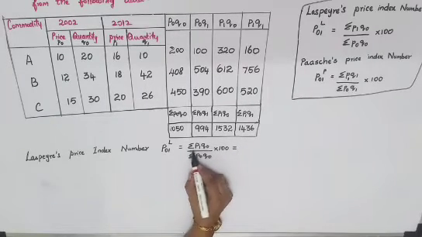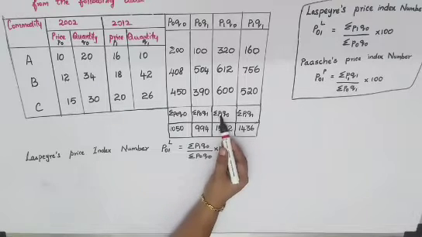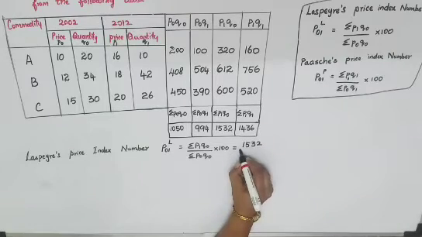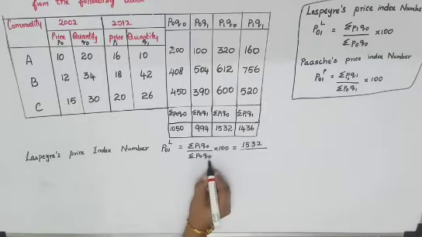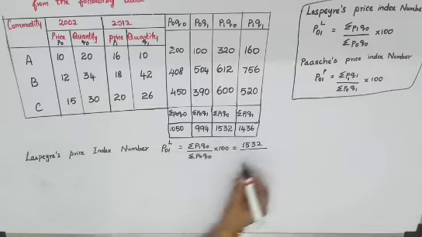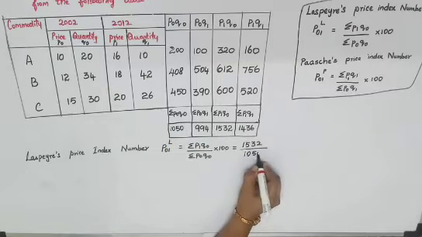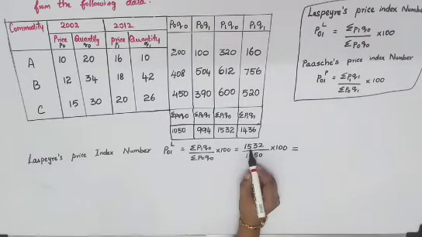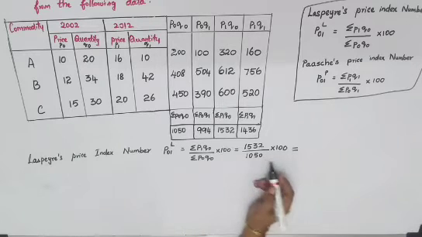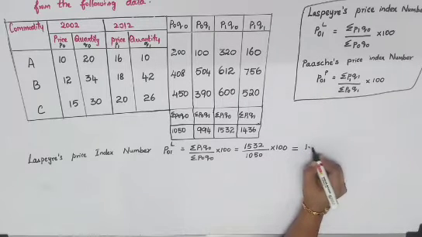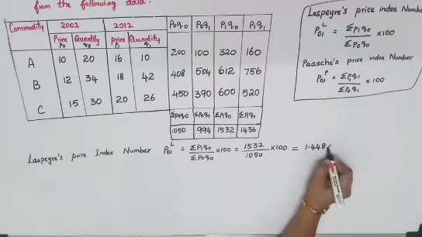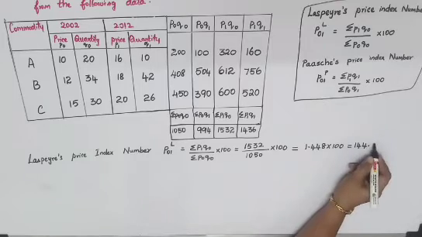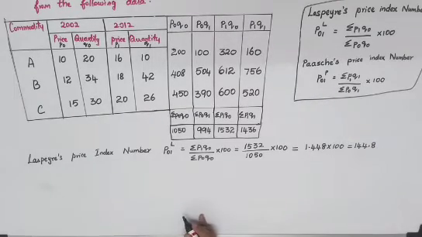For sigma P1 Q naught we have the value 1532, divided by sigma P naught Q naught, which is 1050, into 100. Dividing 1532 by 1050, you will get 1.448 into 100. So the final answer will be 144.8.